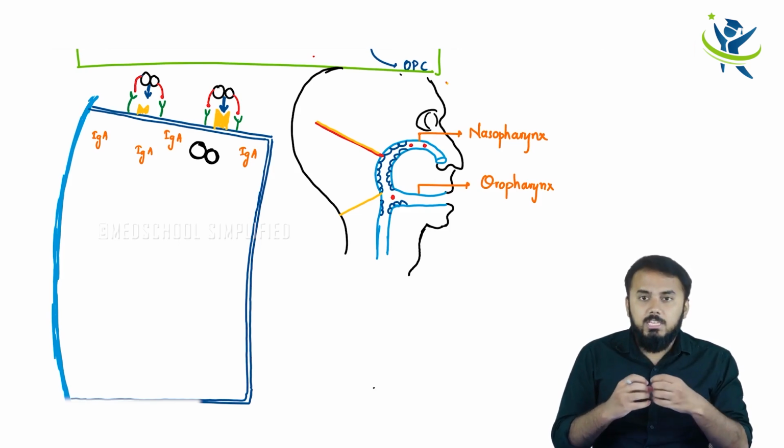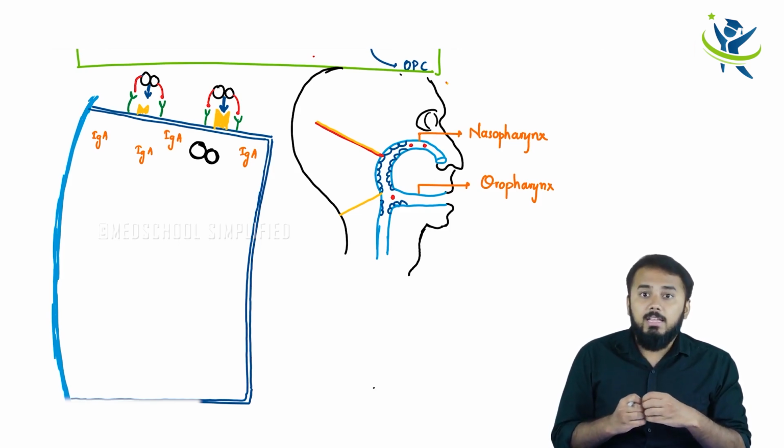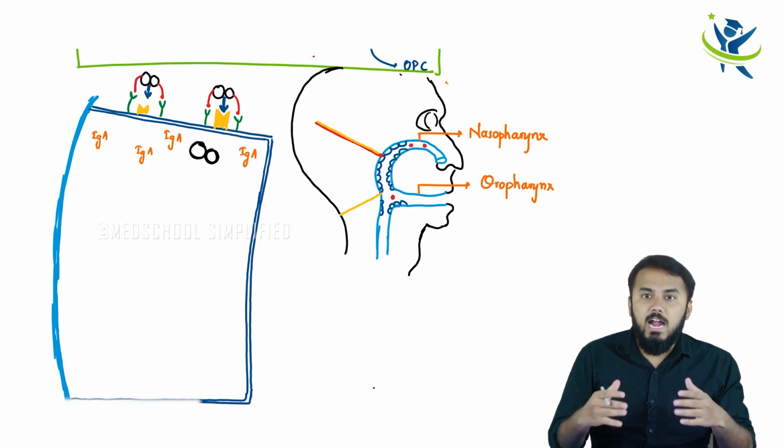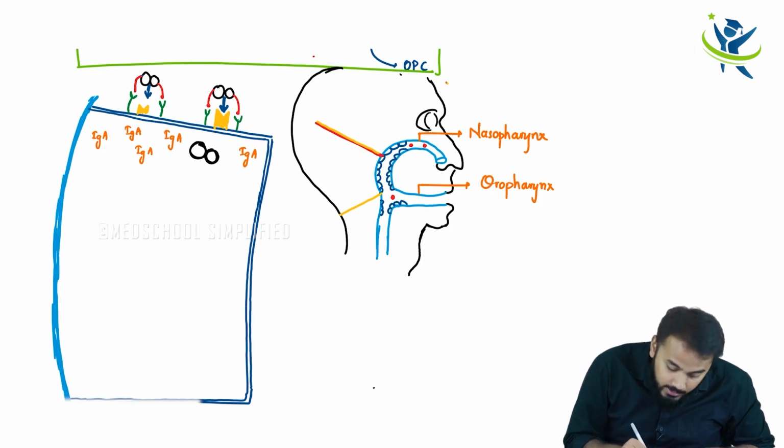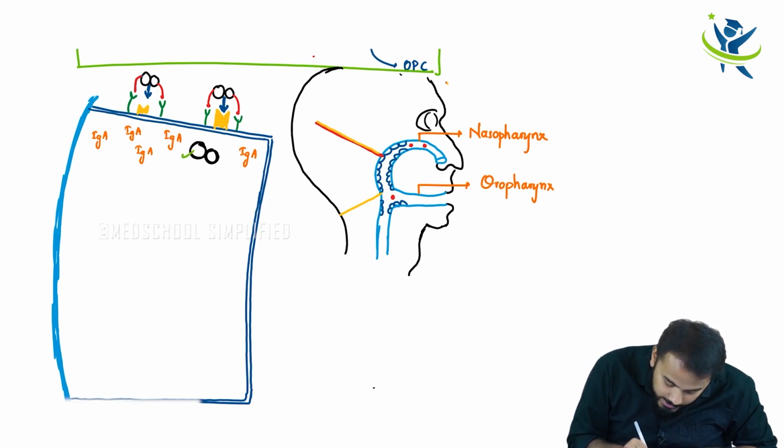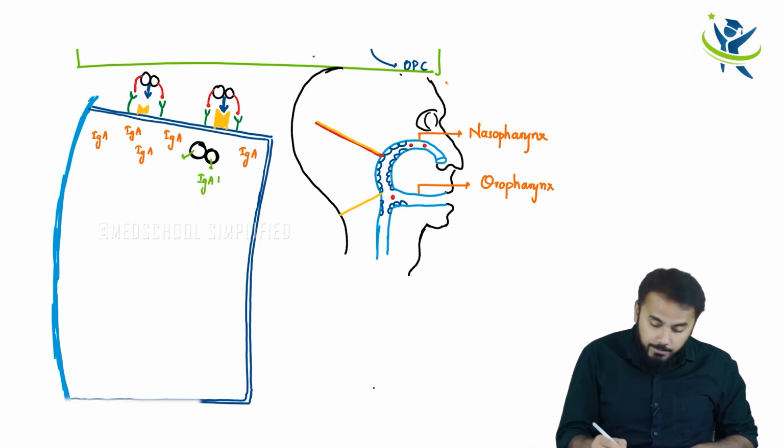Looking at this IgA, this meningococcus is so afraid that it immediately starts releasing a very important enzyme. Look here. That is called IgA protease.